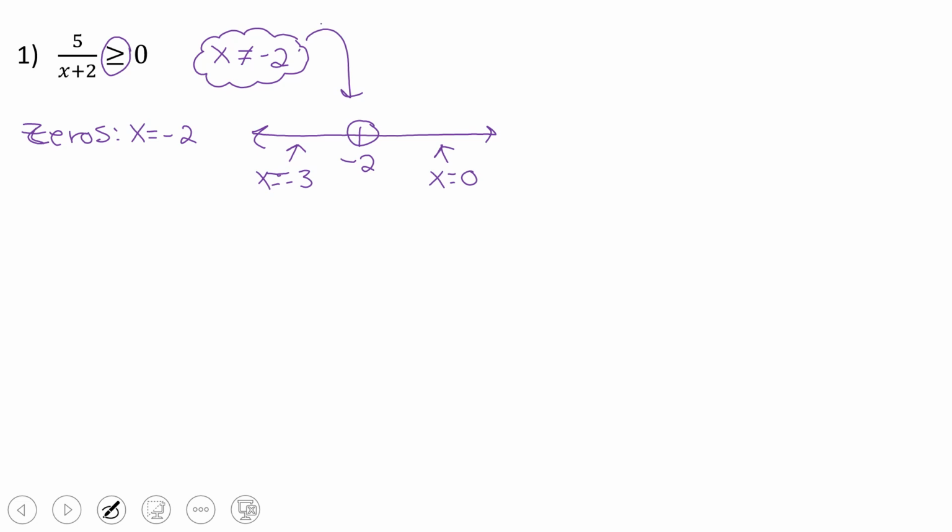If I plug in negative 3 to this left-hand side of the rational inequality, I would end up with a 5 over a negative 1, which is a negative result. If I plug in a 0, I end up with a 5 over 2, and that's a positive result. We have a greater than or equal to sign, so my arrow is going to go towards the positives. So this is what my graph would look like.